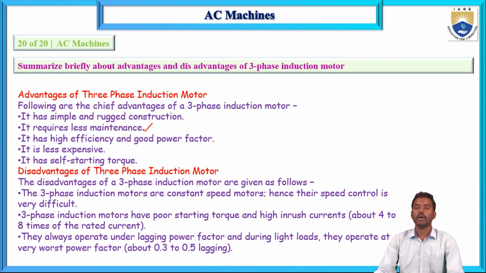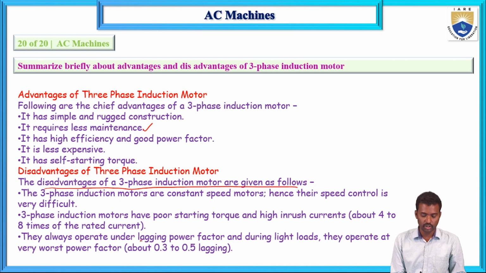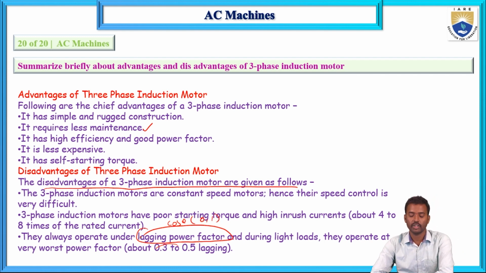And what are the drawbacks? Drawbacks of the three-phase induction motor. First, it operates under low power factor. Power factor means cos phi, and the cos phi range is from -1 to 1; positive means 0 to 1.